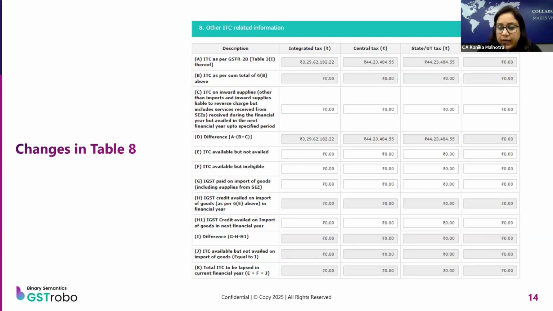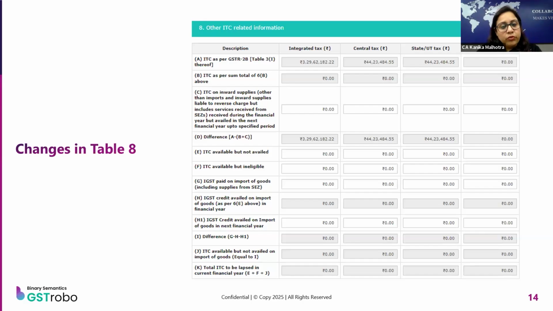But it will not include any ITC of 23-24 that is appearing in the 2B of 24-25 from April to October. So it will not be reflecting that. Here you can understand that it implicates only 24-25.